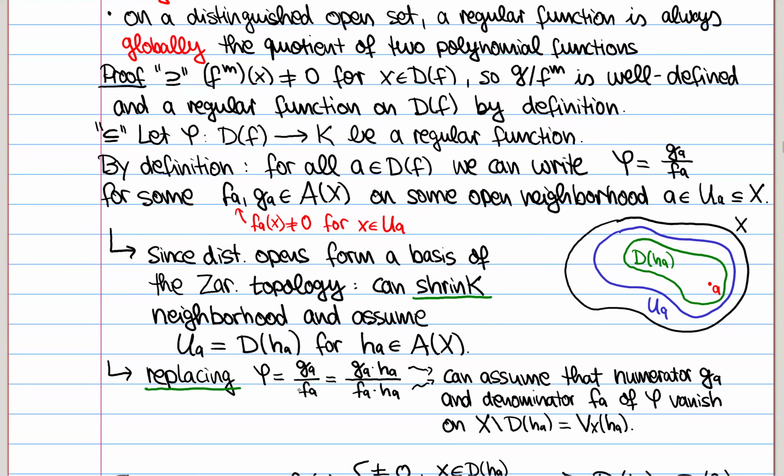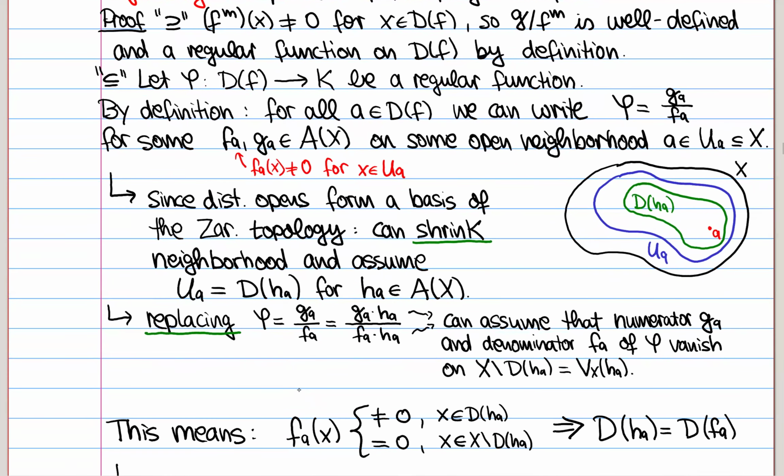The second step, now that we have this, is that we can change this representation of phi slightly. Phi is given by g_a divided by f_a, we can multiply by h_a, both in the numerator and denominator. This is allowed because h_a is still non-zero on our U_a. So we haven't changed this condition that the denominator shouldn't vanish on our open set.